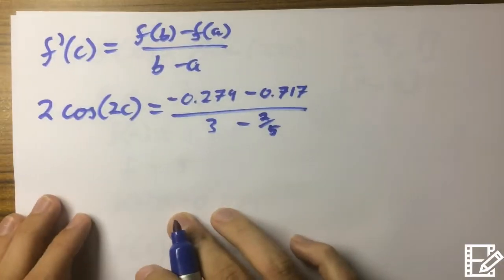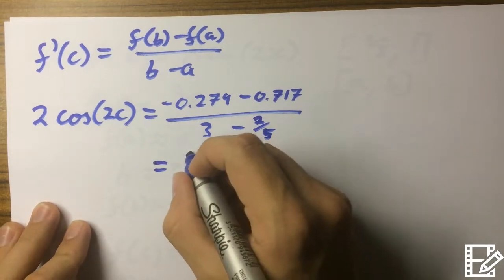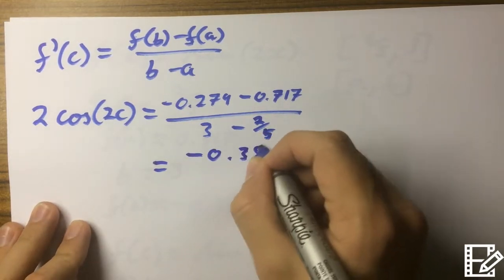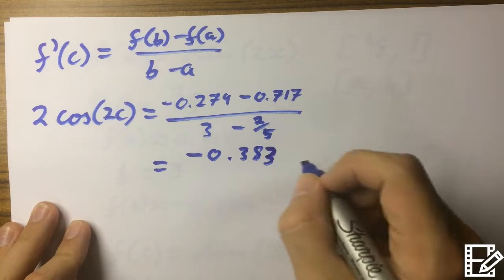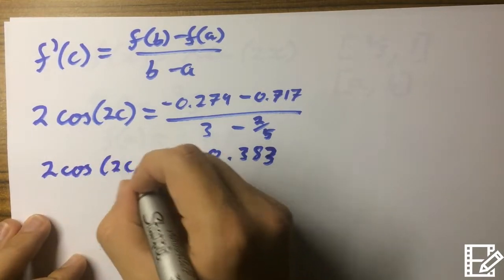And what we end up getting on this side is negative 0.383, and this side's 2 cos 2c.